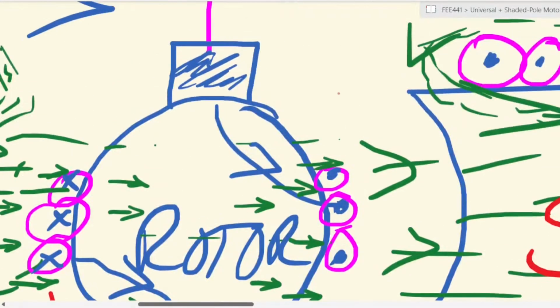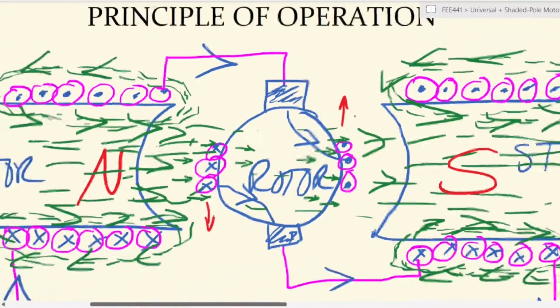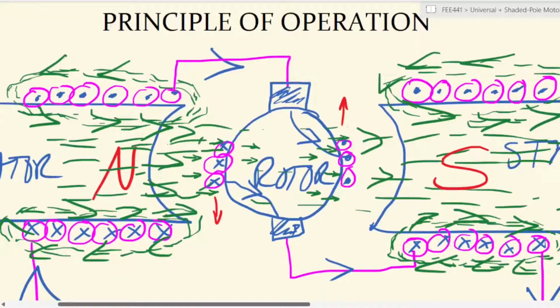So here we have a force on the left hand side acting down, and on the right hand side acting up. What does that mean? It will tend to rotate your rotor in that direction. So if the rotor is free to rotate, it will be able to rotate in a counterclockwise direction.